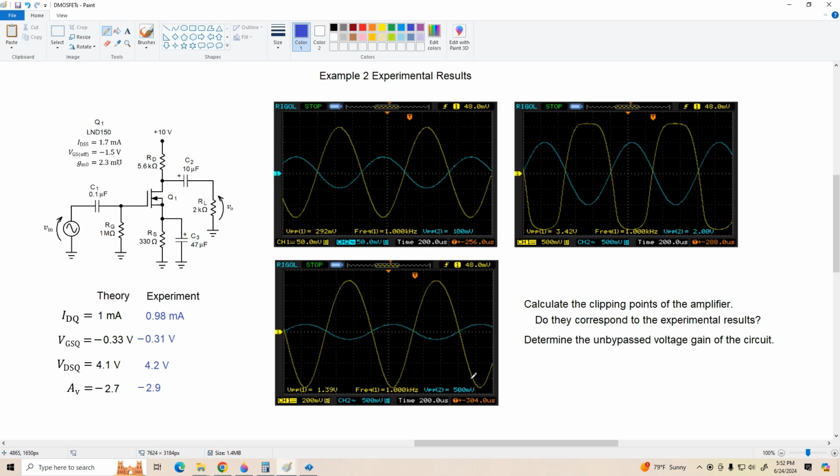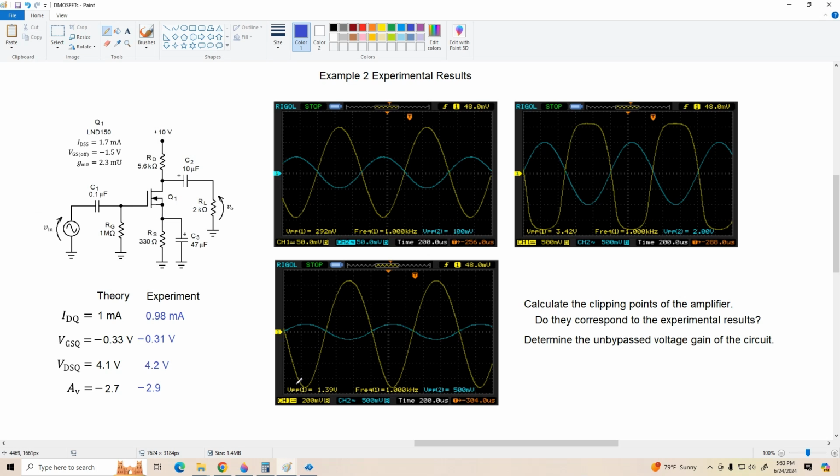Now I bumped the input up to 500 millivolts peak to peak, and our output increased to 1.39 volts peak to peak. It still looks pretty good, but if you look closely at the peaks, notice that the top positive peaks are a little bit more rounded than the negative peaks. They're a little bit sharper down here, and that's due to the transconductance of the MOSFET varying as our Q point moved on the transconductance curve.